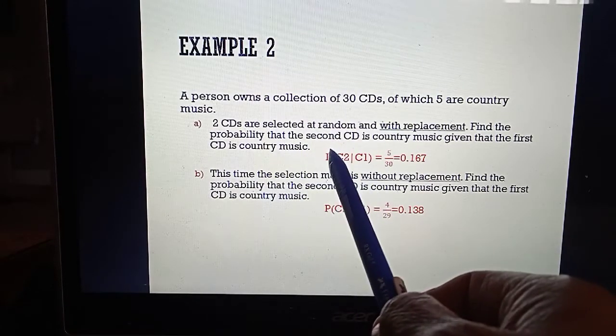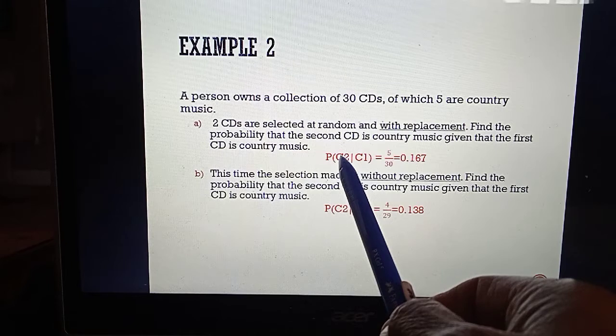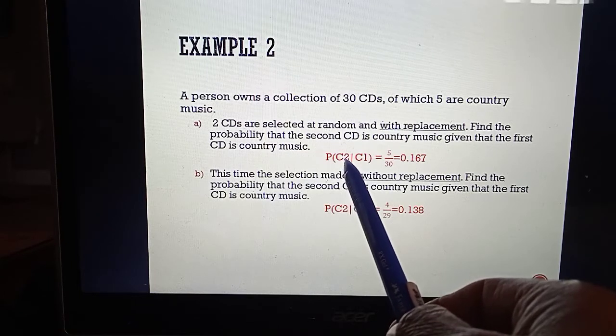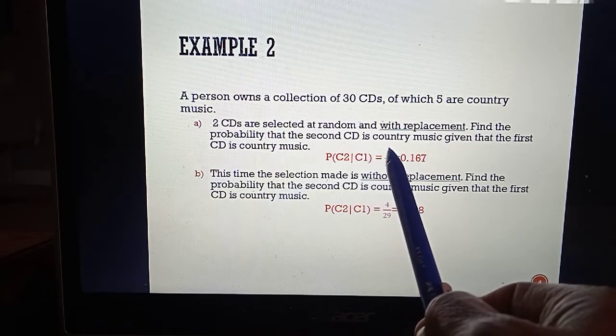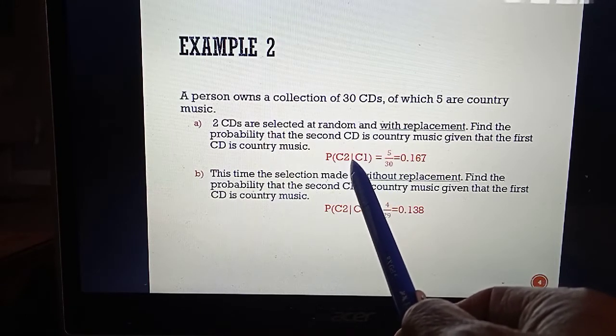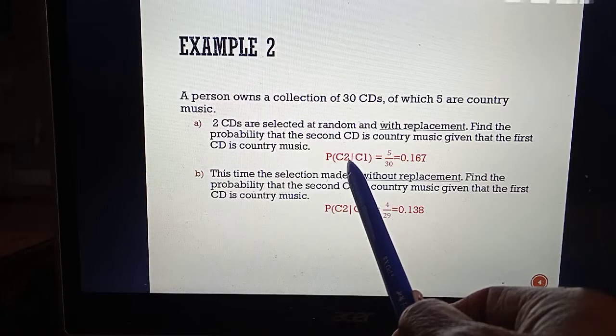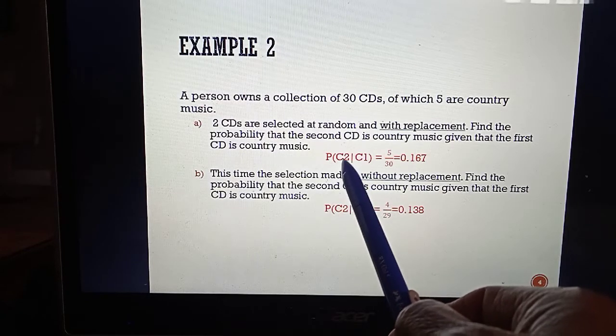So P(second CD is country music given first CD is country music). The second CD is country music, where we know the first CD is country music.